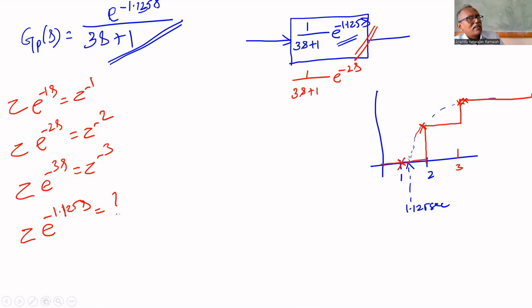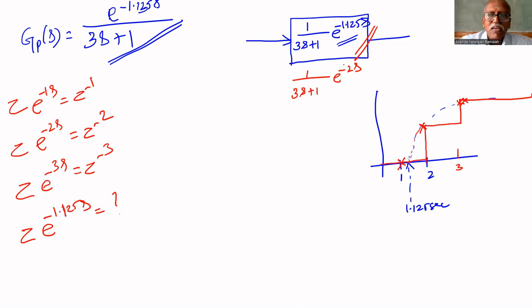But there is another Z transform, called the modified Z transform. In that you can get 1 by HGP of Z for 1.125. It predicts the in-between values. We are not going to see that modified Z transform now; we'll see it later. Now we will assume e power minus 2s, and by assuming that, we will find the controller.